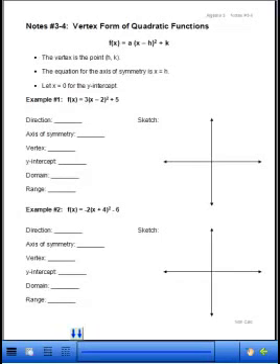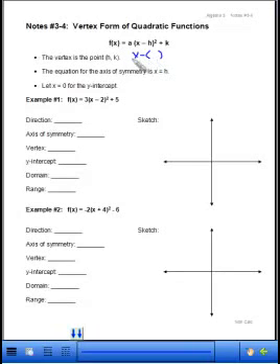In this equation, the vertex is the point (h, k). Now what it's going to look like is that they're changing the sign of h, but you're not. If you think of it as x minus h, then h is a positive number.